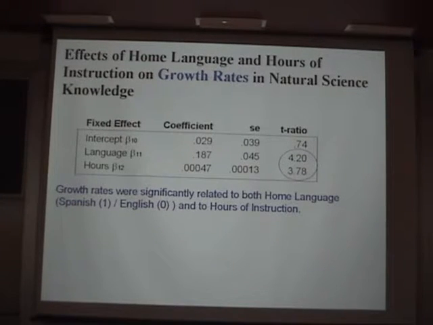All we're doing is looking at the slopes. The intercept has nothing to do with this. Yeah, but we are holding hours of instruction constant. So assuming that they receive the same number of hours of instruction, the Spanish-speaking kids are growing at a faster rate than the English-speaking kids. They're catching up very quickly.